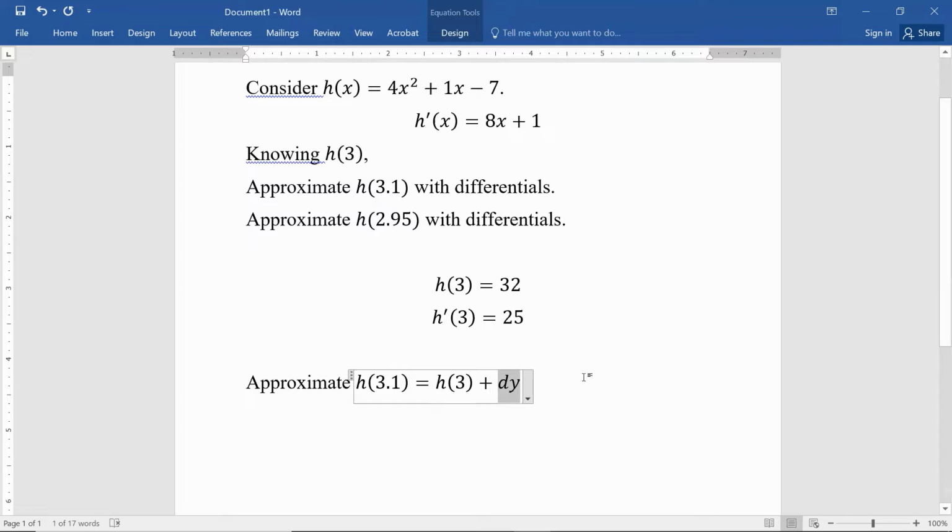That corresponding change in y value is our differential dx multiplied times the derivative of our function at our starting value. In other words, it's h prime of 3 multiplied times dx.